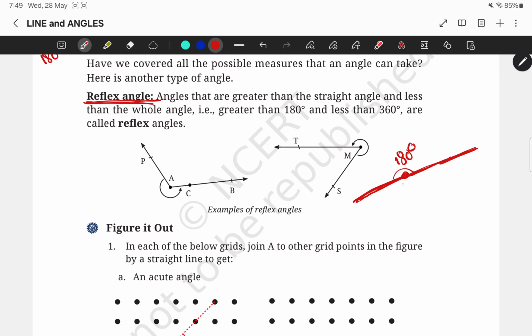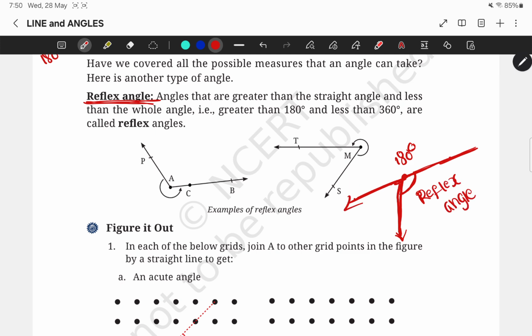For the reflex angle, the second arm, we just want to bring it down slightly. The angle which is like this is known as a reflex angle.